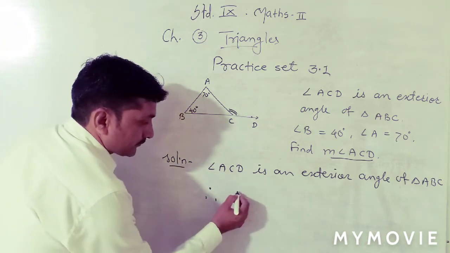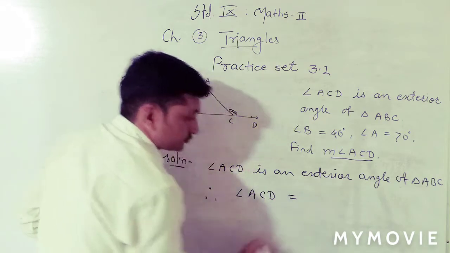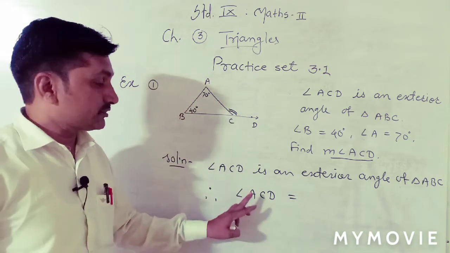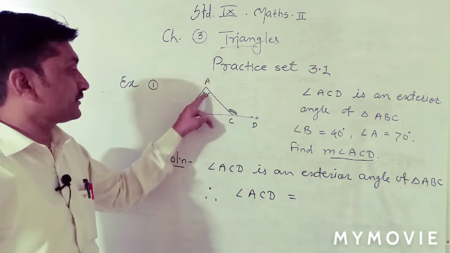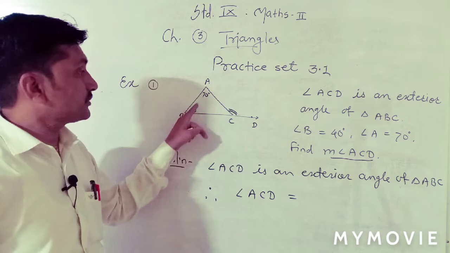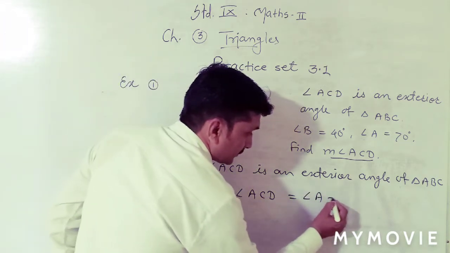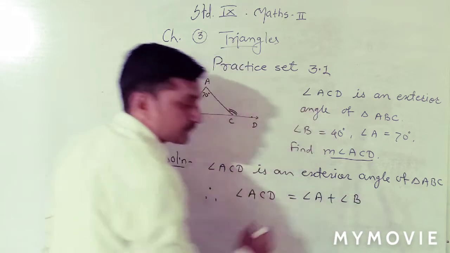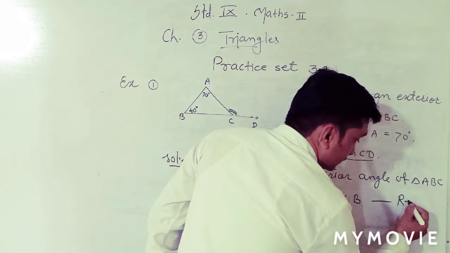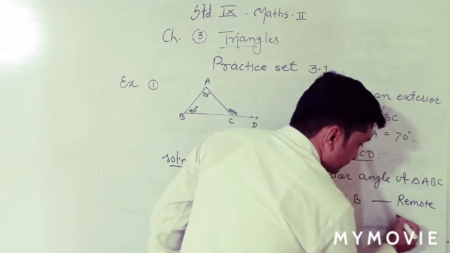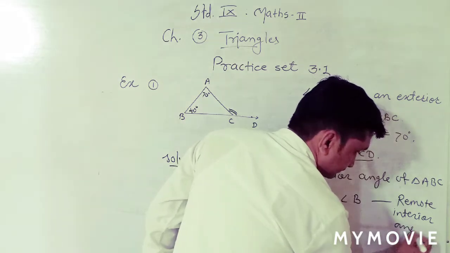Therefore, angle ACD is equal to, this is the exterior angle, the measure of the exterior angle is equal to the sum of the remote interior angles, and the remote interior angles are A and B. So we can write here angle A plus angle B. Then what is the reason? What support do we have to give? Remote interior angles theorem.